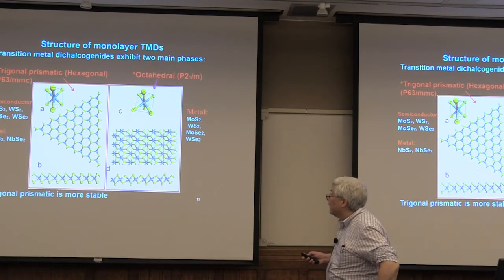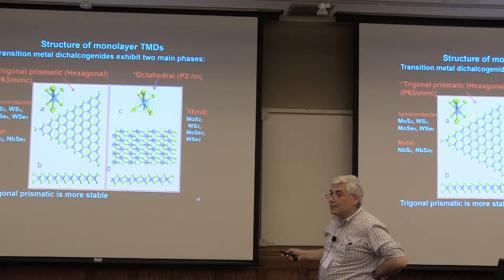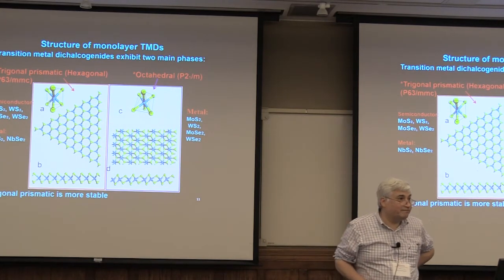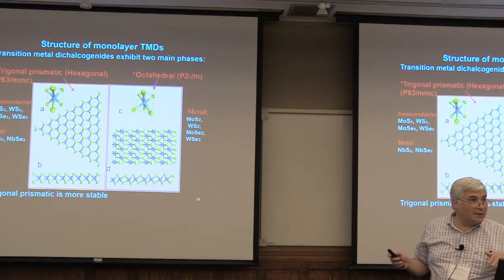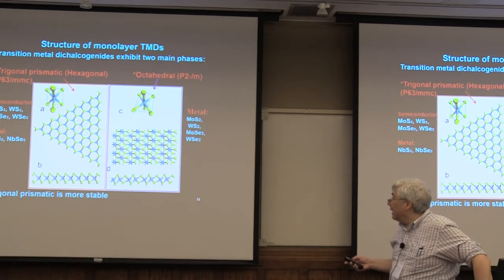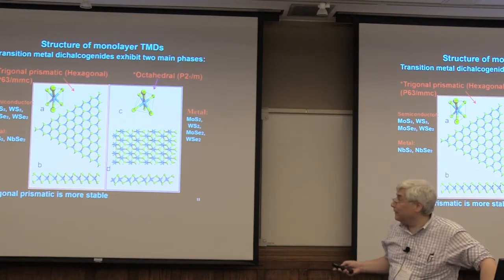You can calculate the band structure of these two phases, and you will find that this is a semiconductor, and you will find that this is a metal. So you have two-dimensional materials, one is a metal, and the other one is a semiconductor, and both of them possess the same formula, a different phase.